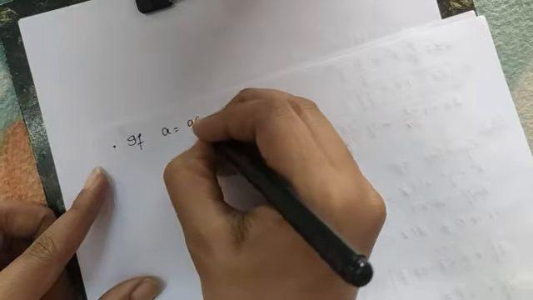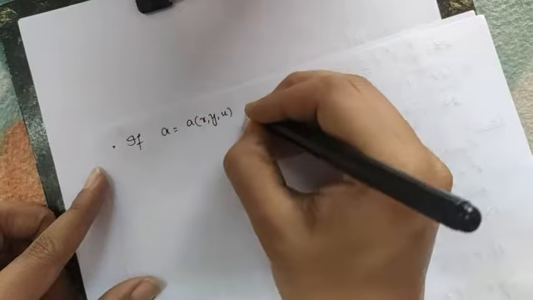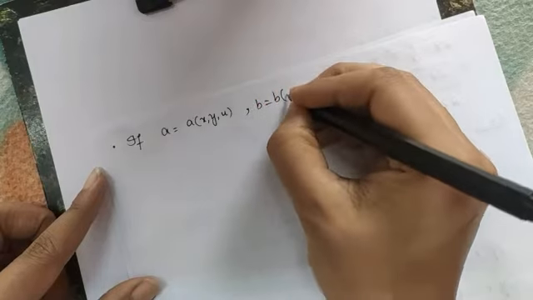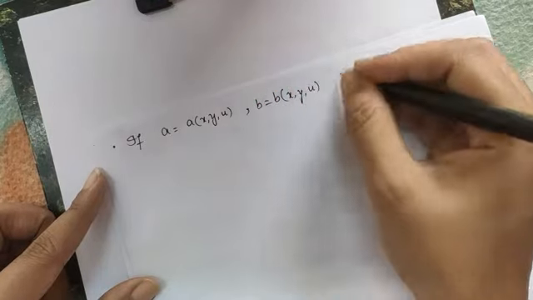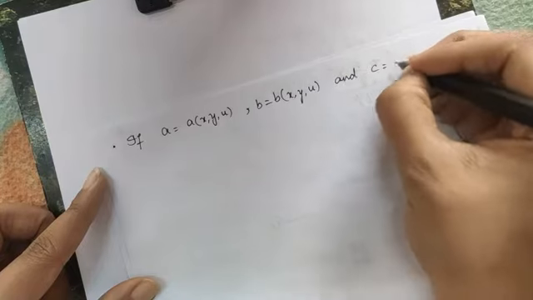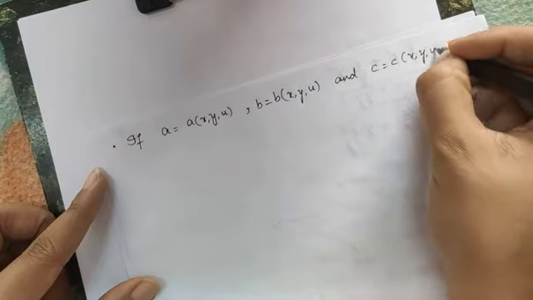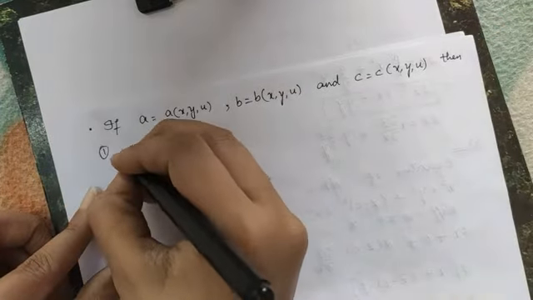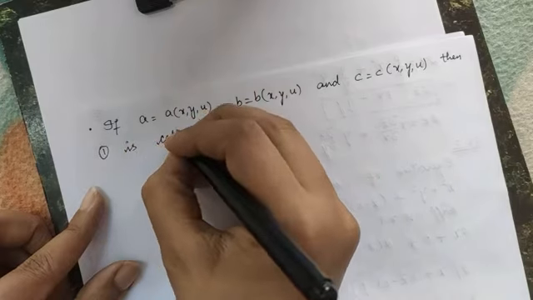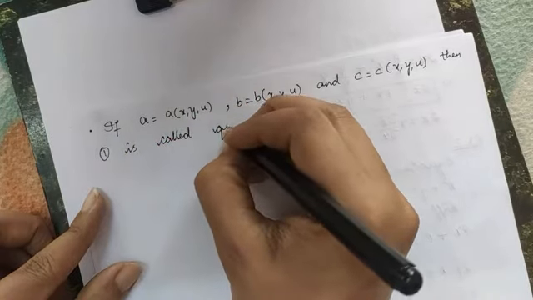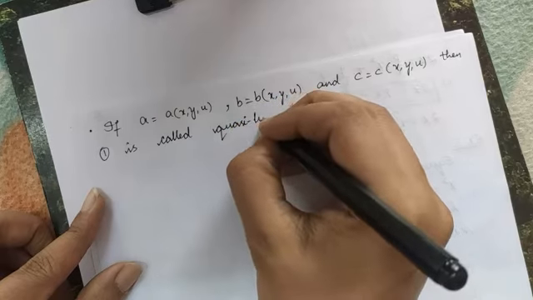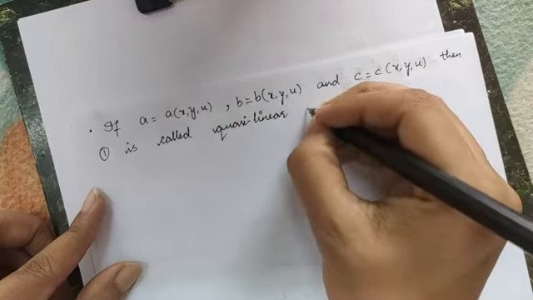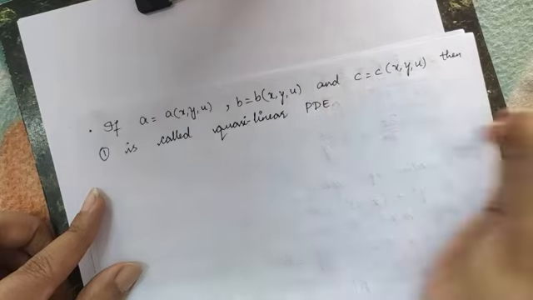So here, if A is a function of x, y and u, B is a function of x, y and u, and C is a function of x, y and u, if this is the case, then equation 1 is called a quasi-linear PDE.